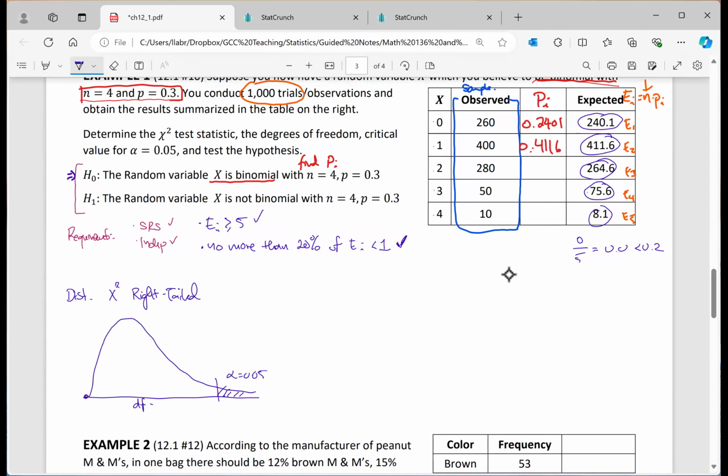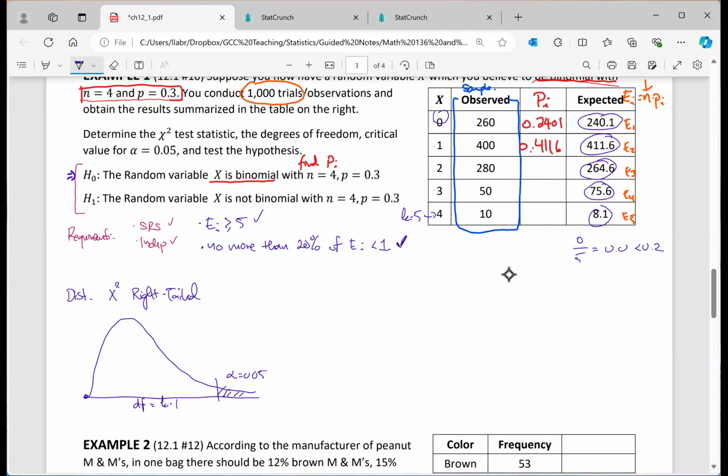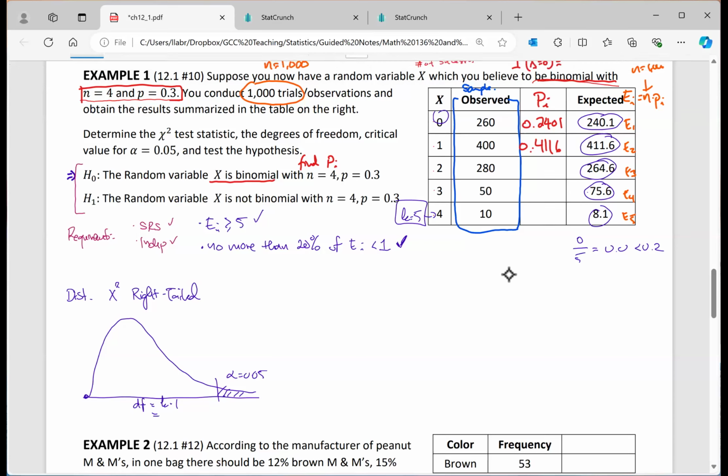Degrees of freedom is always k minus 1, where k is the number of categories. For a binomial random variable, whatever n is, you add 1 because of the 0. So there are 5 categories, k is 5, and when you subtract 1, we go back to 4.